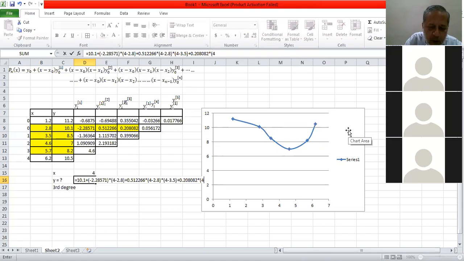So x is 4. So 4 minus what? X naught, 2.8 multiplied by 4 minus next x value, 3.5 multiplied by x minus next x value, and that is 4.6.